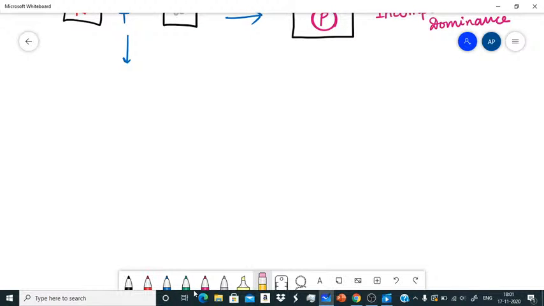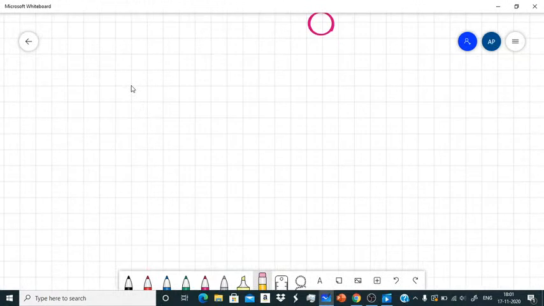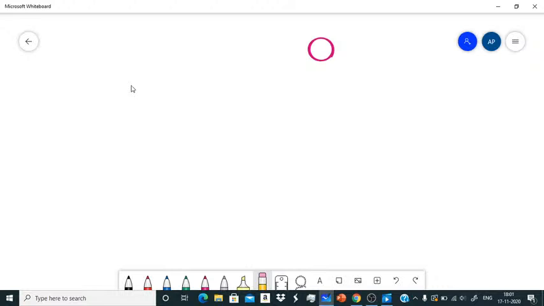Over here, suppose we have a plant known as primrose or 4 o'clock plant.